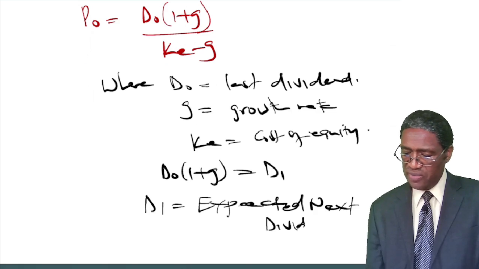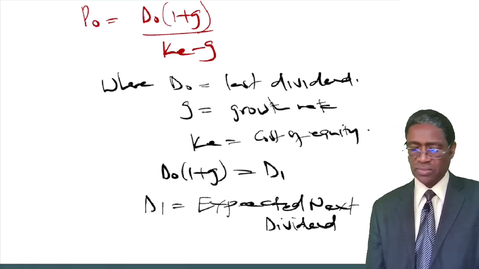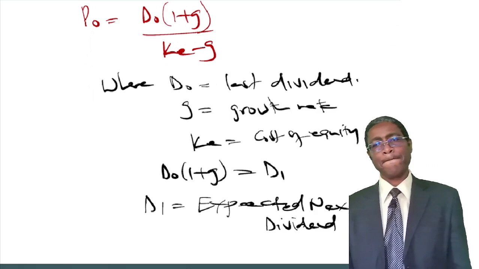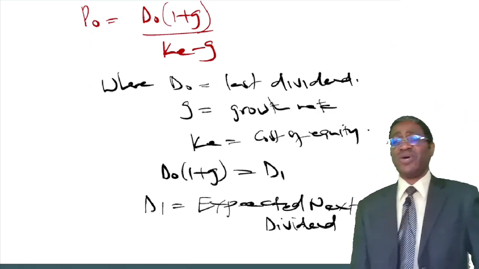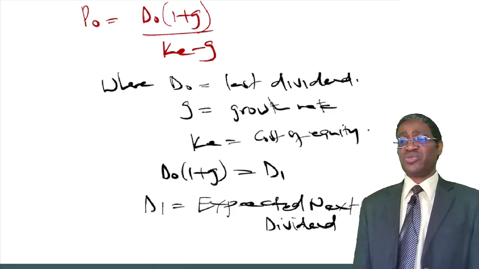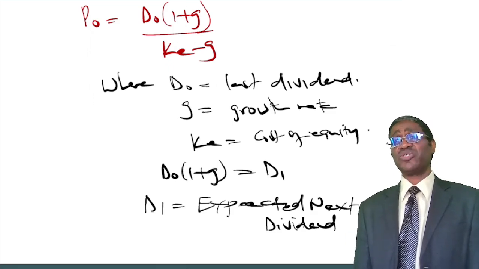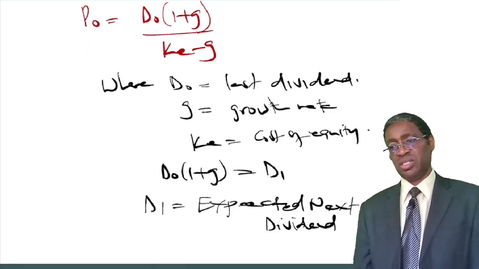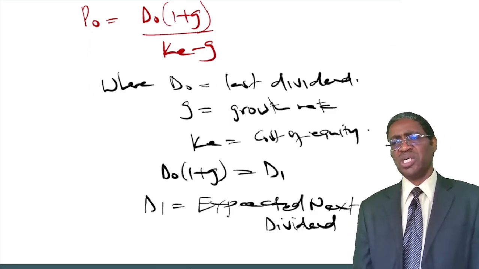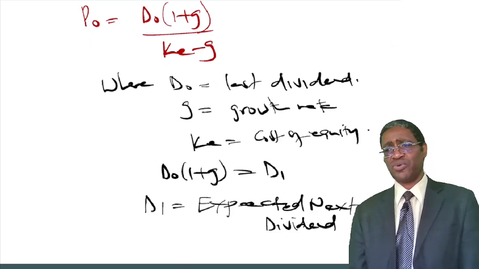What is the next dividend that is expected? In other words, your numerator D0 into (1 plus g) can become D1. It is the same concept we talked about when we were discussing the cost of capital as a topic.